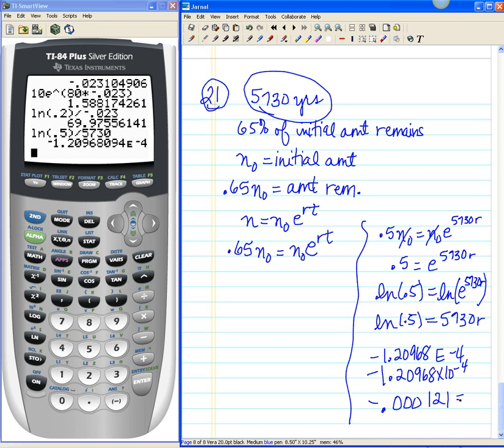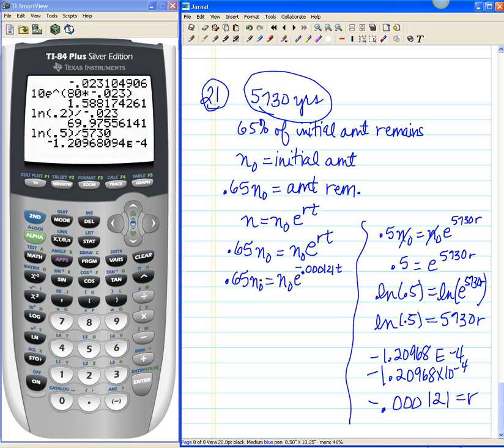That is our value of r. So we really have, back in our equation that we're trying to solve, 0.65 N sub 0 is equal to N sub 0 times e to the negative 0.000121 t.